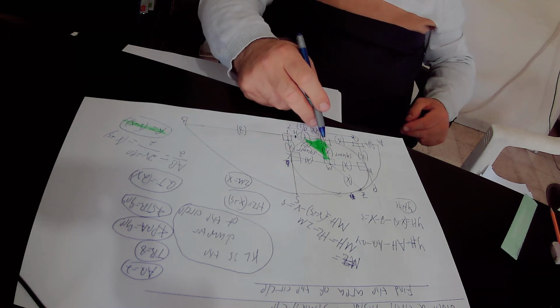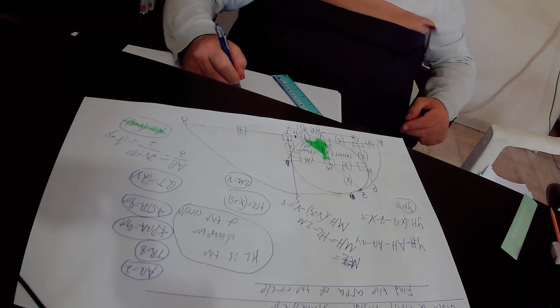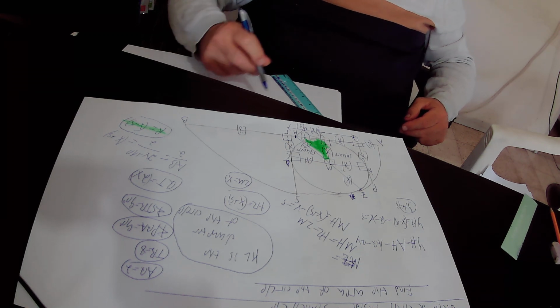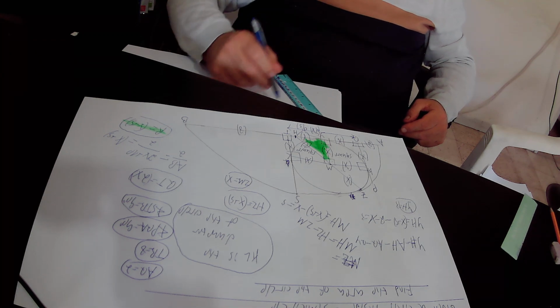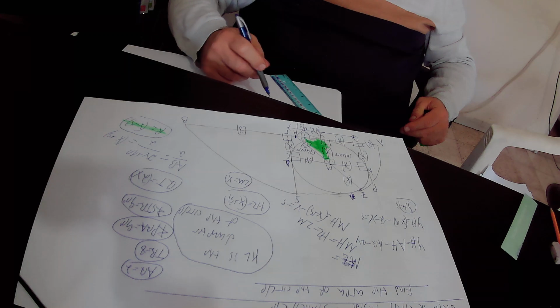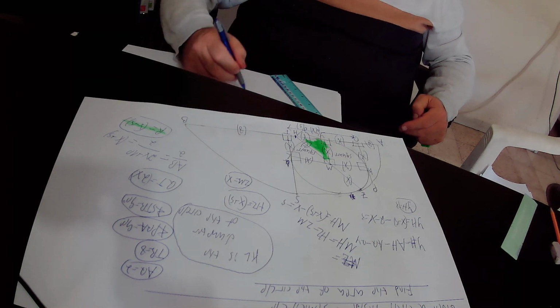Side MY equals x, it is the radius of the circle. We just found out that side YH equals 3 units in its length. And we already found out that the hypotenuse MH equals 5 units in its length.